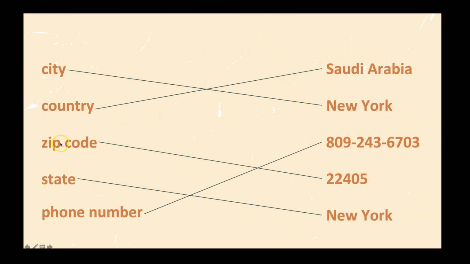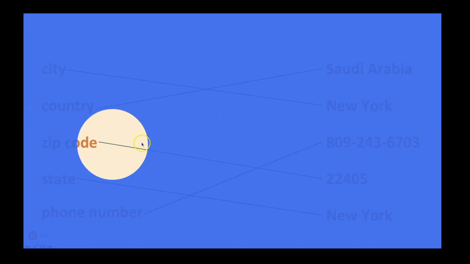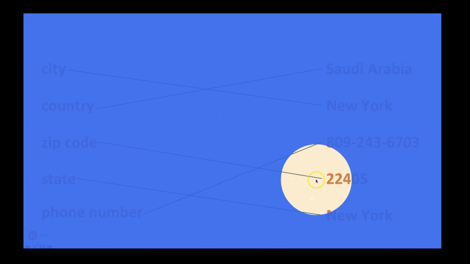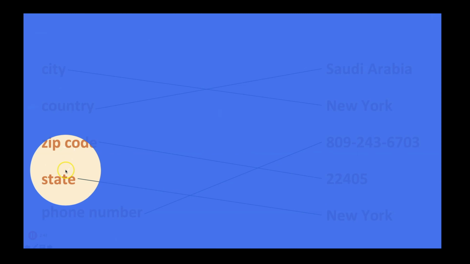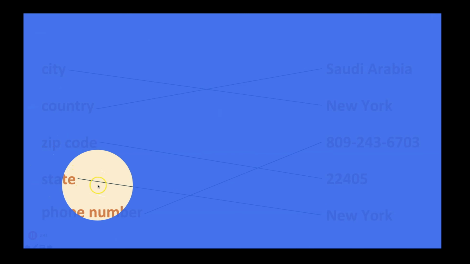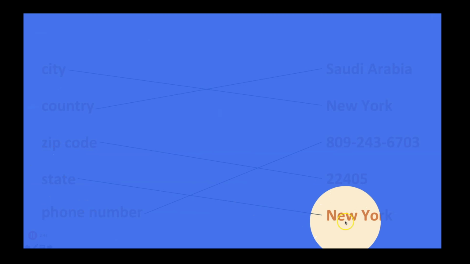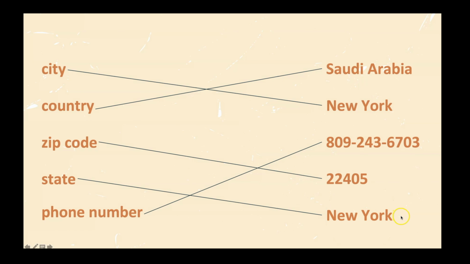Okay, zip code. You are so right. 22405 is our zip code. What about state? Yes, as we said before, New York is also a state. And the abbreviation for New York, as you probably guessed, we've seen it before, NY.